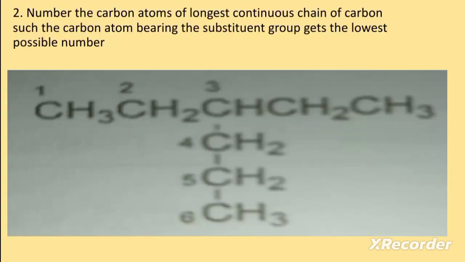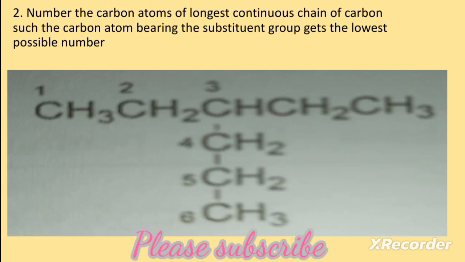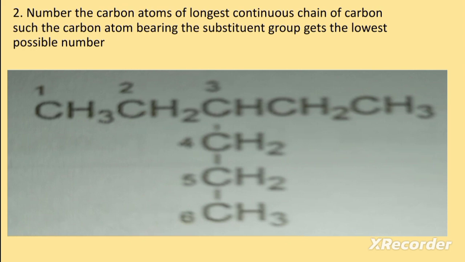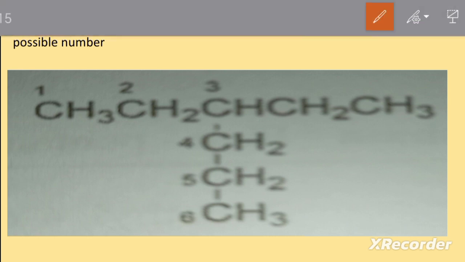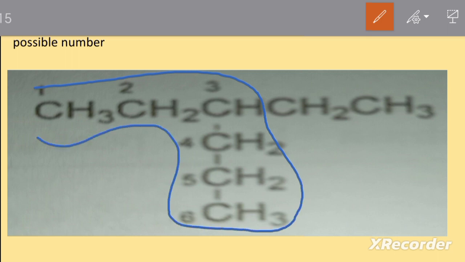Then you should number the carbon atoms in that longest continuous carbon chain so that the atom bearing the substituent group gets the lowest possible number. That means like this. Here this is the longest carbon chain that we selected.